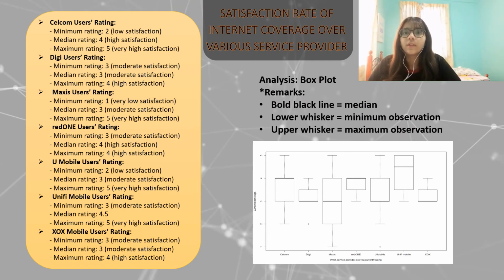The box plot below shows the satisfaction rate of internet coverage over various service providers. From the box plot, we can say that the service providers with high satisfaction rate are Celcom, Red One, and Unify. Service providers with low satisfaction rate are Maxis and U-Mobile.